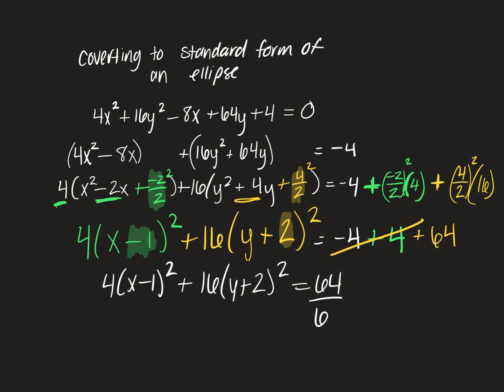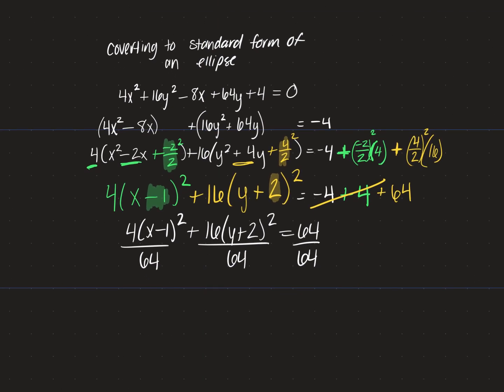Divide by 64. We know that that's going to give us x minus 1 squared over 16. Isn't that beautiful? It does work out nicely every time.